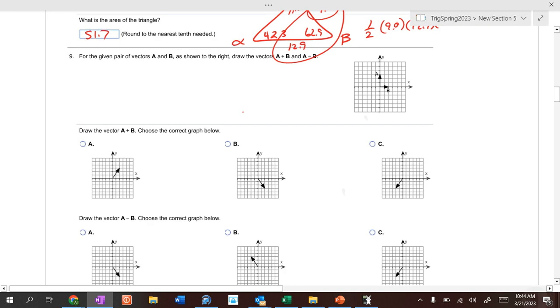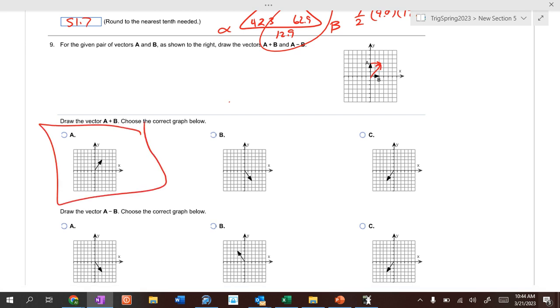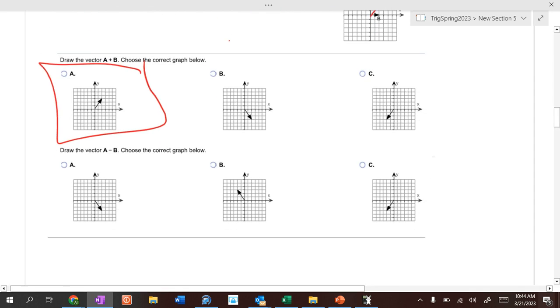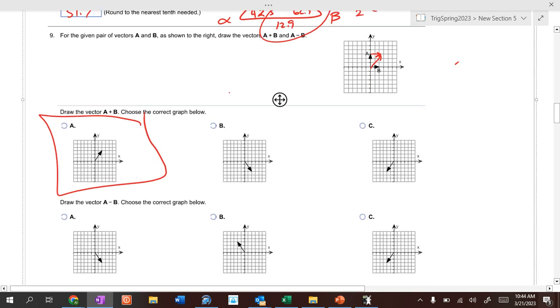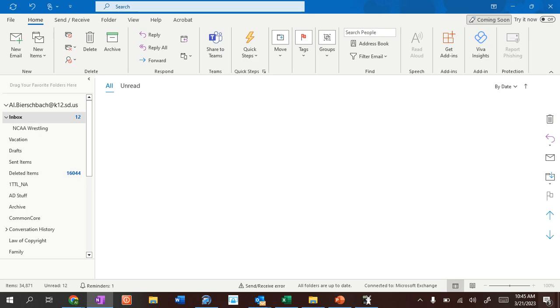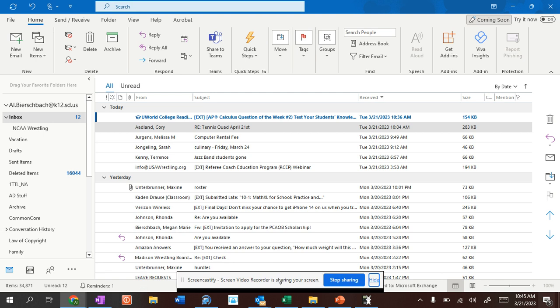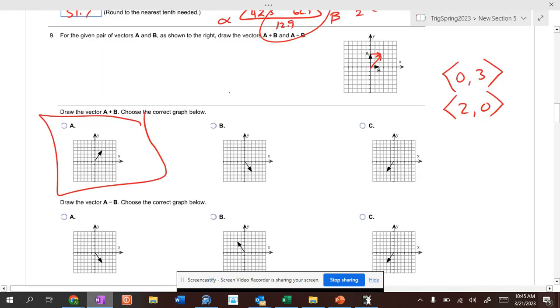Vectors. So if A goes there and B goes there, we wind up going like that, which is choice A plus B. Okay, A minus B. Well, A was 0, 3, and B was 2, 0. So if we subtract them, 3 minus 0 is 3. 0 minus 2 is negative 2.